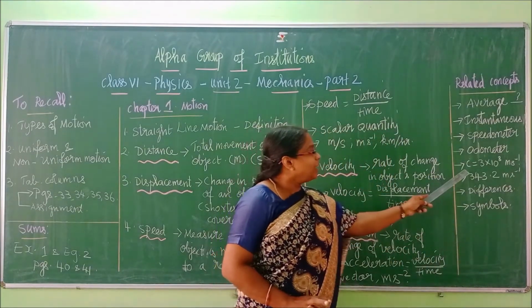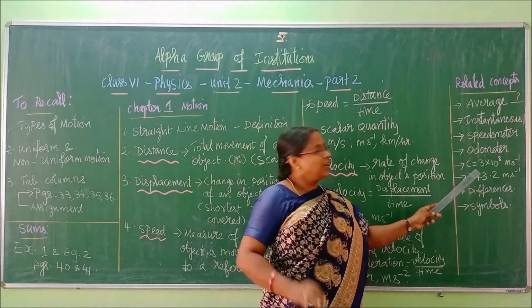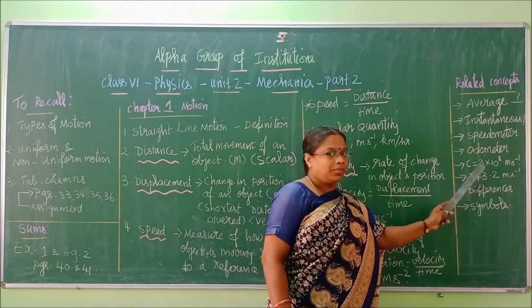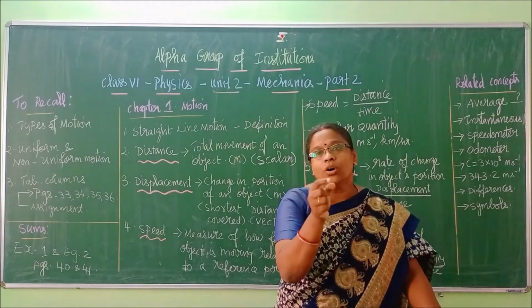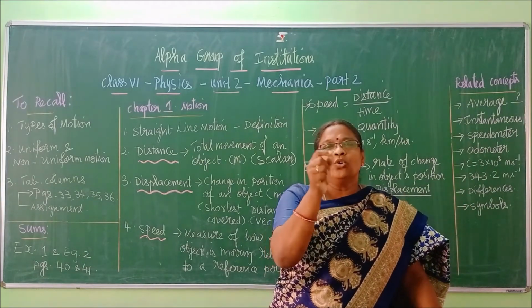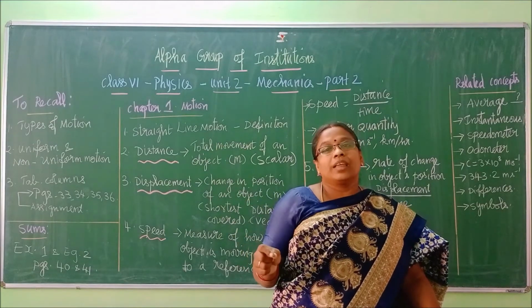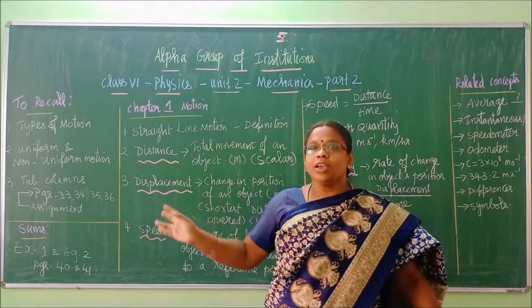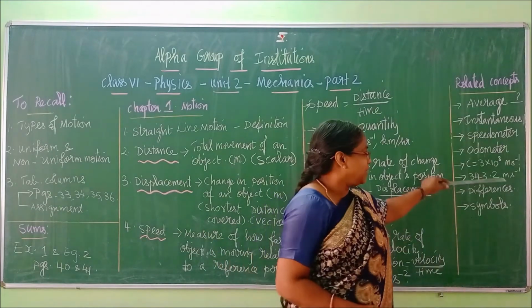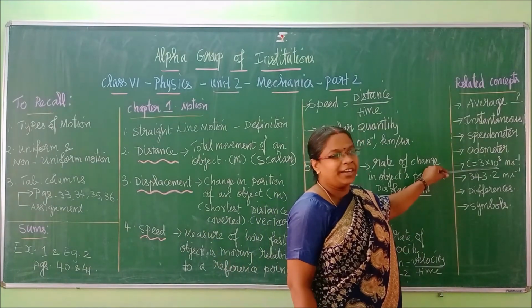That value is given by one special letter, small c, equal to 3 into 10 power 8 meter per second. In your book, it would have been given as 299 something. Don't concentrate on that, it is a bigger number, you cannot remember it. Have it like this, 3 into 10 power 8.